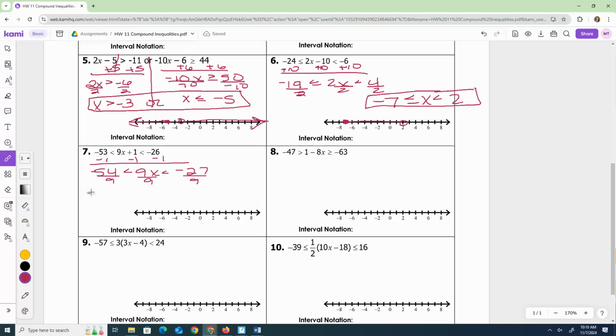No, because we divided by a positive. So -6 is less than x is less than -3. So how do we graph it? Open or closed? And it ends at -3 with another open. Okay.